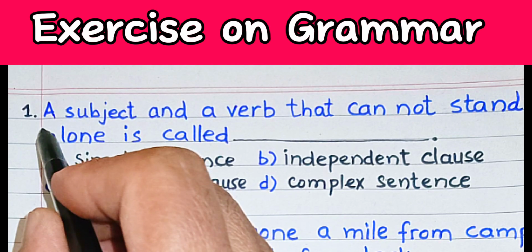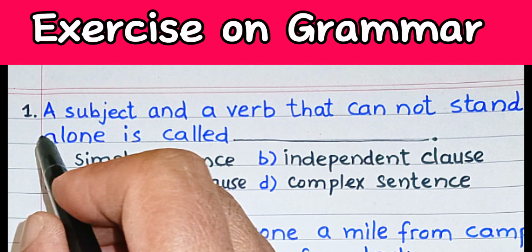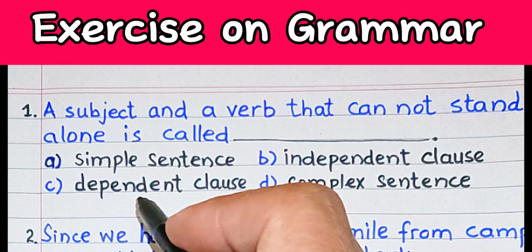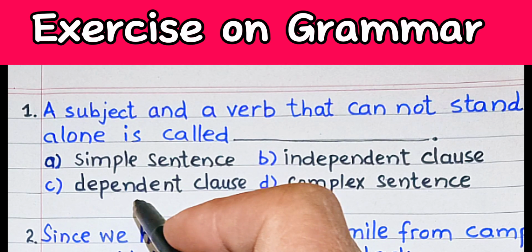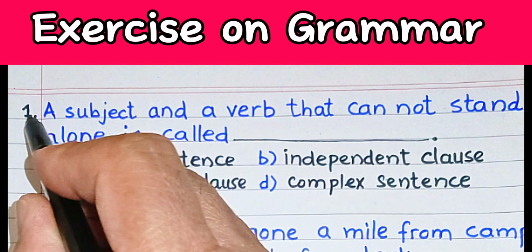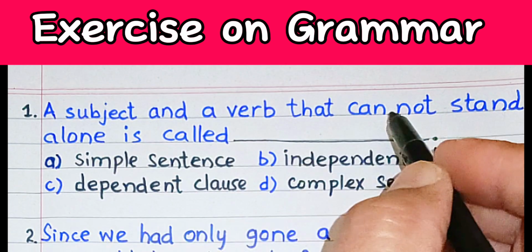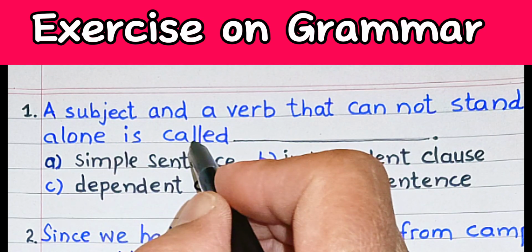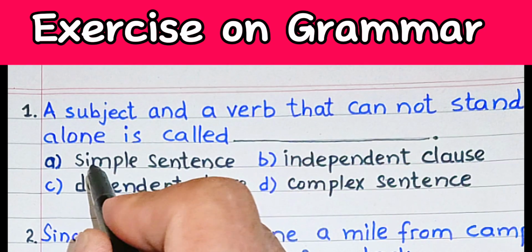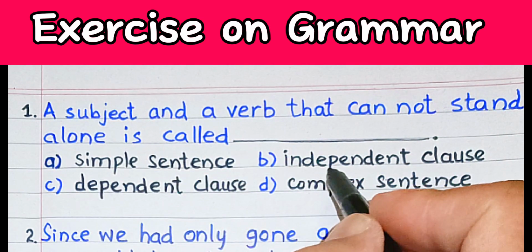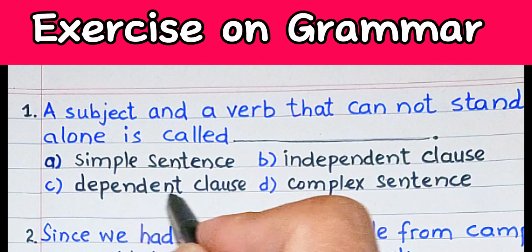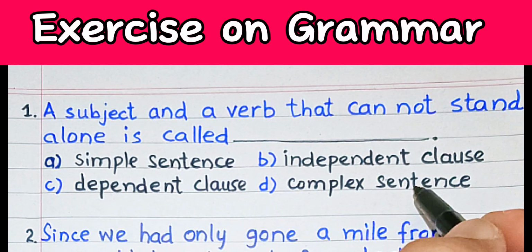Let's do this exercise together that is based on various types and clauses of a sentence. Number one, a subject and a verb that cannot stand alone is called: simple sentence, independent clause, dependent clause, or complex sentence.